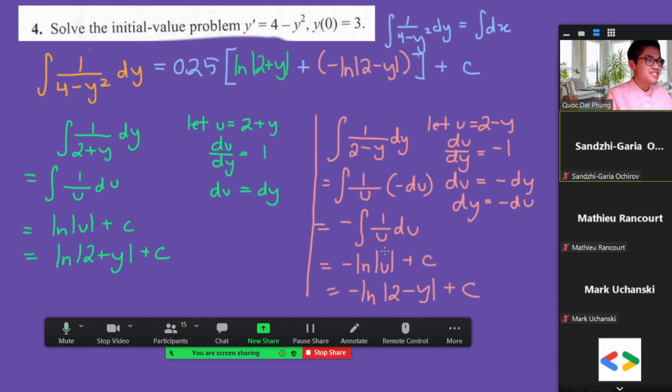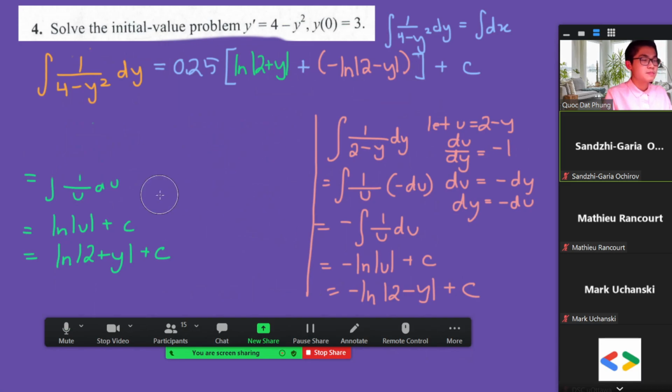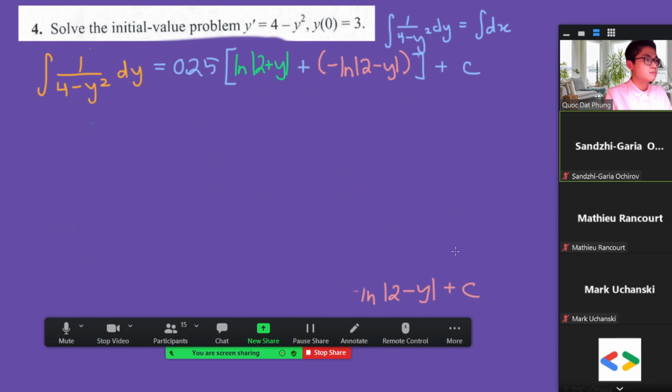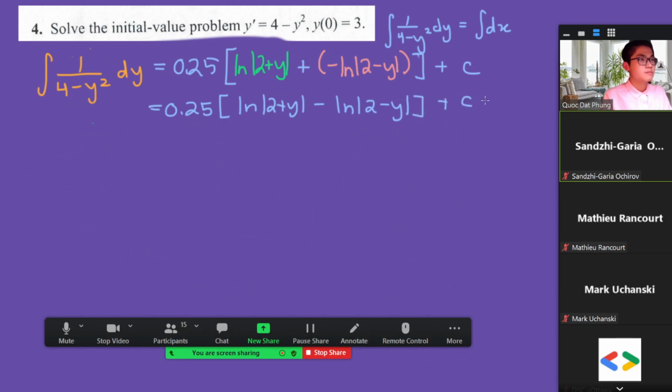Okay, so can I erase this? All of this down here, I'm gonna start erasing it. Okay, so now here we finished finding the integral of 1 over 4 minus y squared dy.